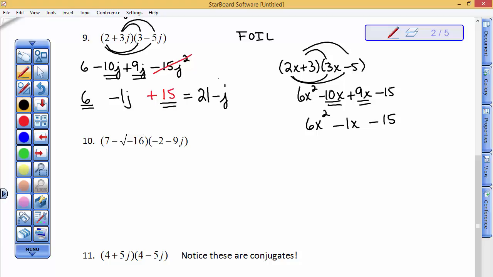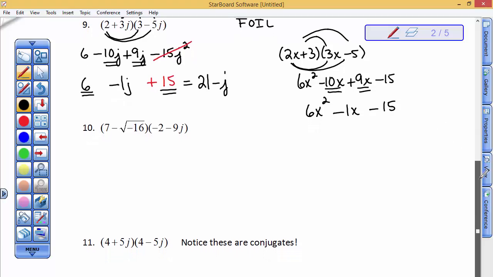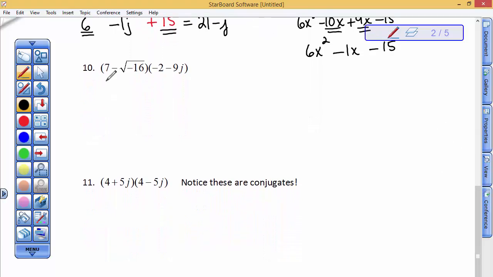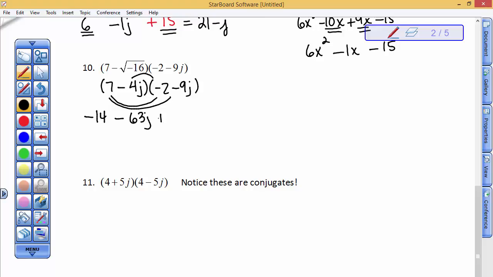Okay, let's just keep going, and then we're going to notice something unusual after this question. So this is 7 minus 4j, and this is a negative 2 minus 9j. And I'm going to do this fairly quickly. So that product is a negative 14. That product is a negative 63j. This negative times a negative is a positive 8j.